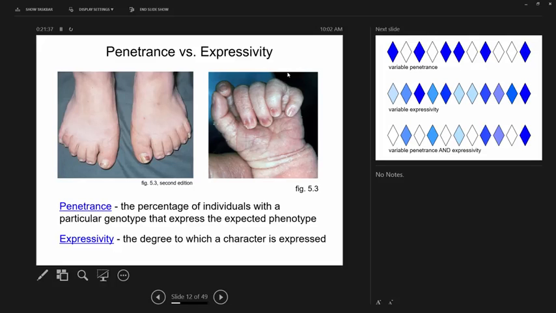And the reason for that is because you have to take into account the whole rest of their genome, all the other genes that they get. Right? So we're using polydactyly here as the example because that has both penetrance and expressivity issues. Polydactyly will result in extra fingers or extra toes.